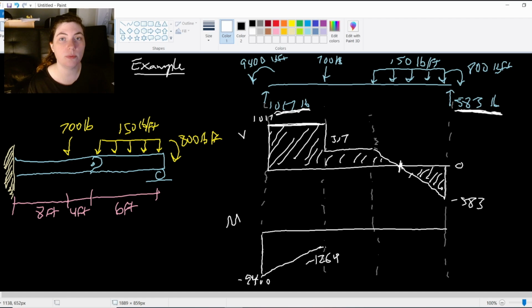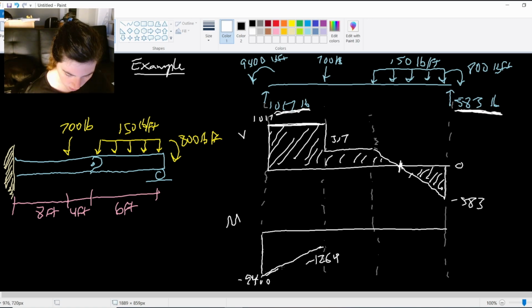Now again, that 700 pound applied force does not affect the moment diagram directly, but it did affect our shear diagram. It changed the slope that our moment diagram is going to have. We're going from a 1017 slope to now a 317 slope. A lot shorter of a slope. This is a more dramatic slope, and this guy is going to be a lot softer, a 317 positive slope all the way up to 0.